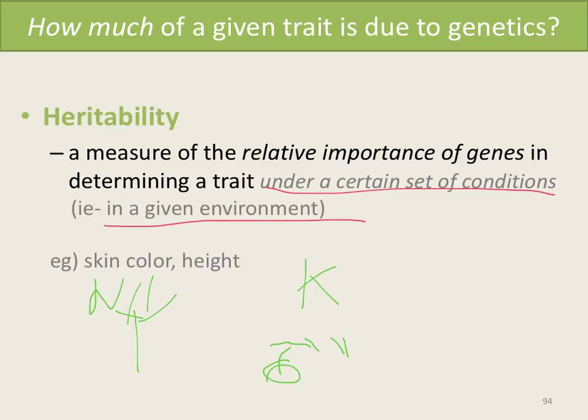This is only found at high elevations where it's windy and cold. At lower elevations, we get a normal-looking tree. There's variation in this normal tree in terms of height, but basically normal up and down. So, in heritability, we look at the importance of genes, determining a trait under a certain set of conditions.